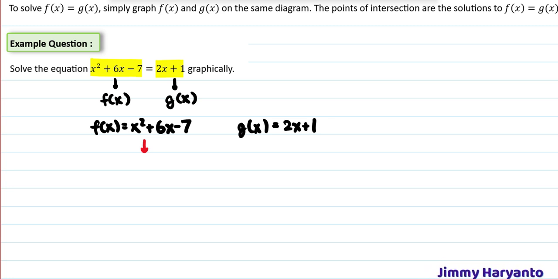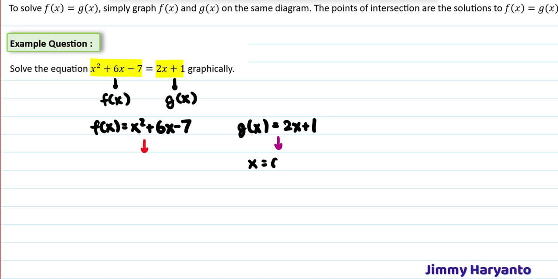And also we already have the graph of this one in the previous example questions. Yeah, that means I only have to calculate and sketch the graph for this one. For this one, the power of x is only 1. That means we don't have to do the steps. We only have to create two pairs of values of x and y.